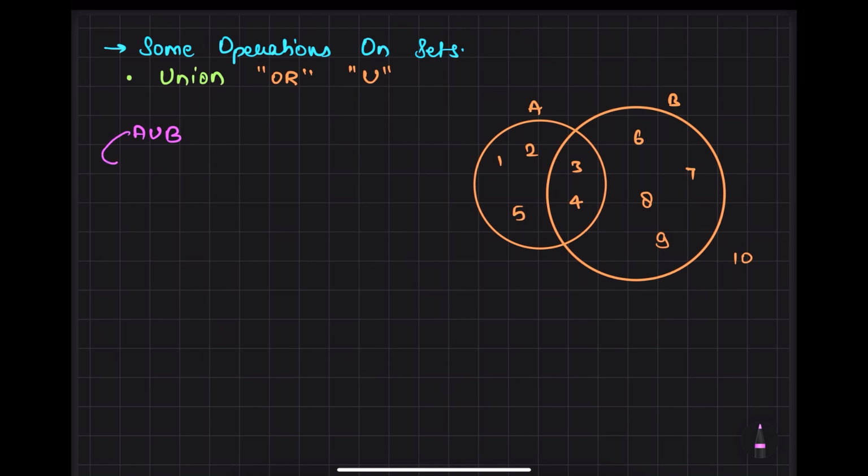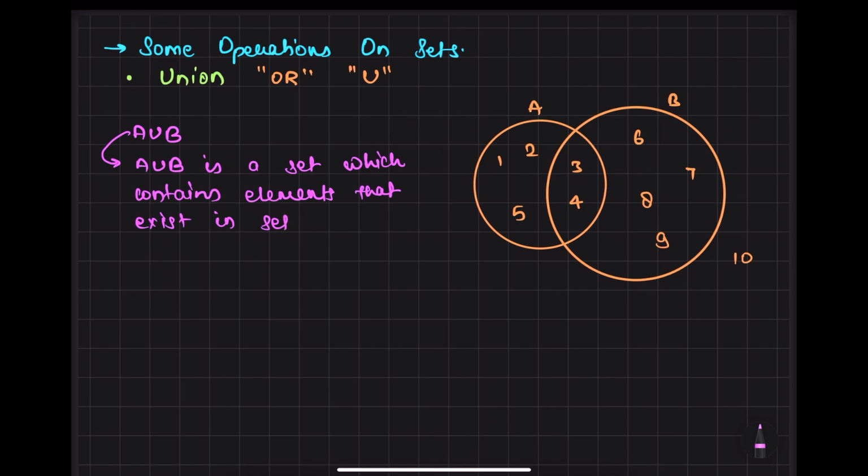So first try to understand this. A union B is a set which contains elements that exist in set A or set B or both.